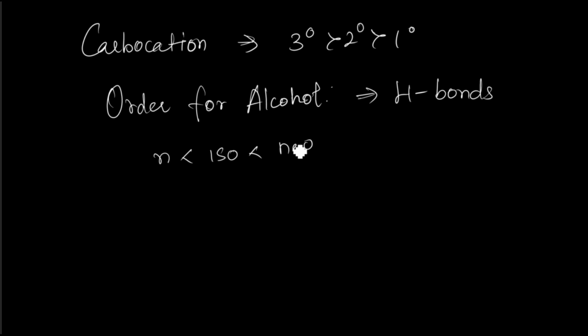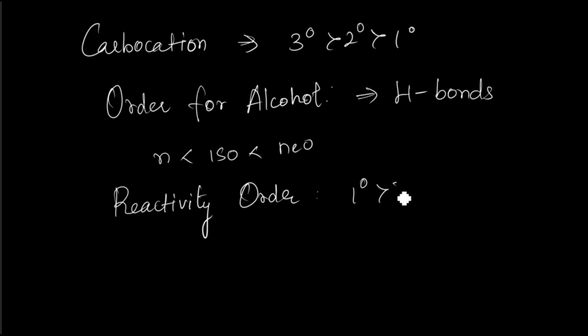And if you are considering the reactivity order for O-H bond fission, it is primary, then secondary, then tertiary. And if they are asking about C-O bond, because in alcohol the carbon is attached with oxygen, and oxygen is attached with hydrogen, right?